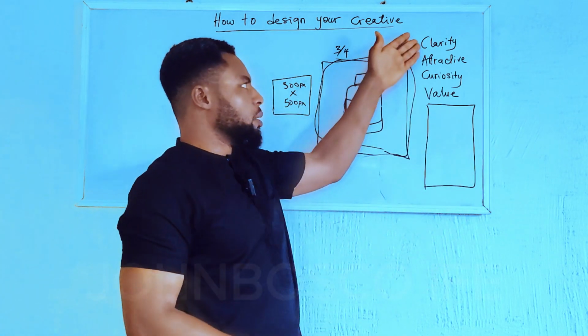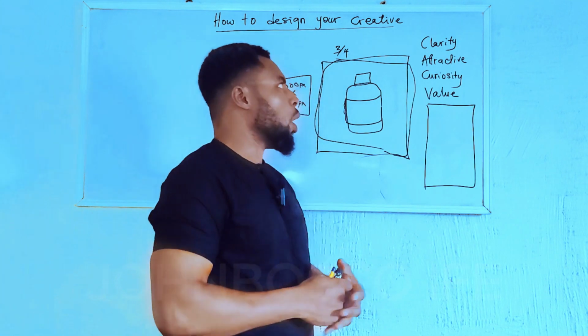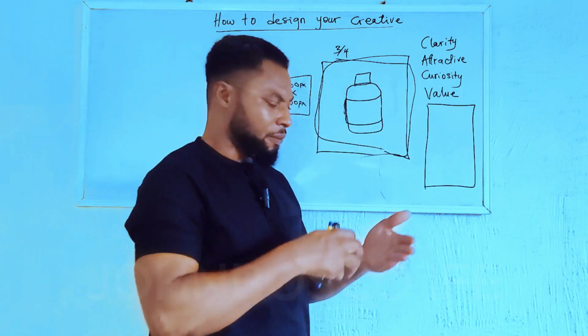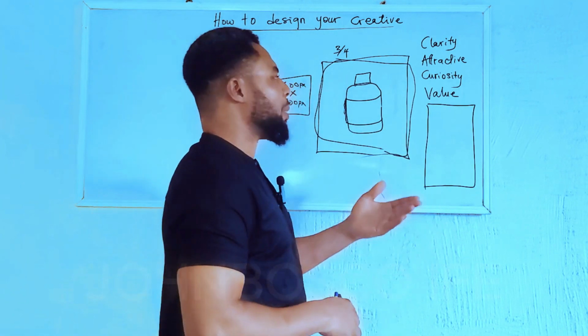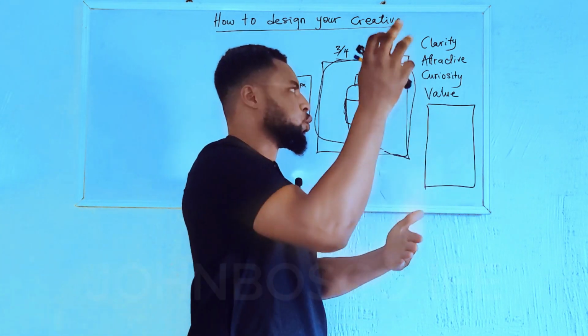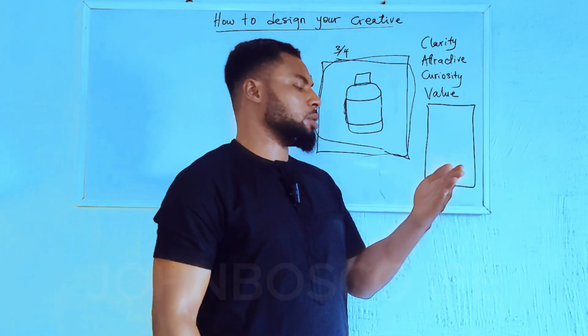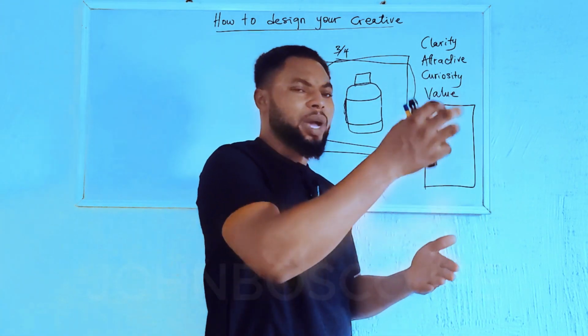So where have you been getting this wrong? Look at this. Probably your advert may not be clear enough. Swipe. Or it's clear but it's not attractive. Swipe. Or probably it's not sparking that curiosity. Okay. Swipe. Or maybe there is no value. Oh, this is good, but swipe.